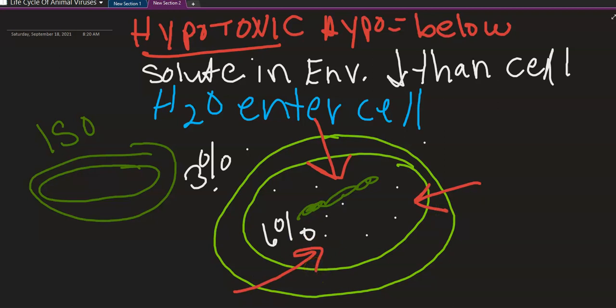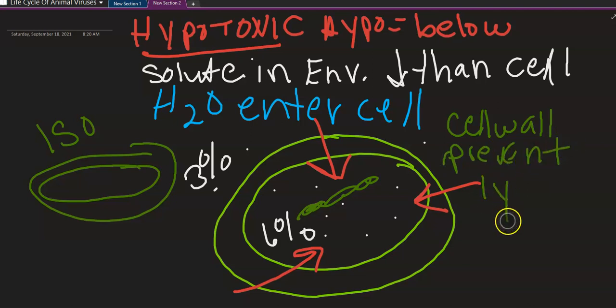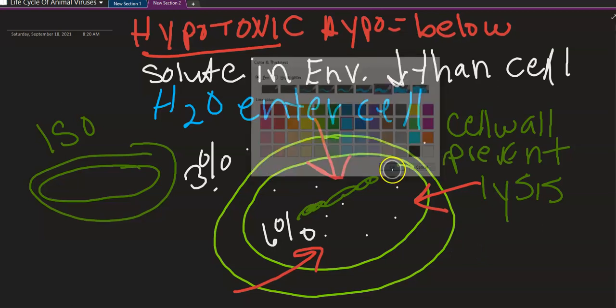Now, in this case, the cell wall will prevent lysis, which means rupturing. It's going to prevent rupturing. So we're going to have a net flow of water into the cell.